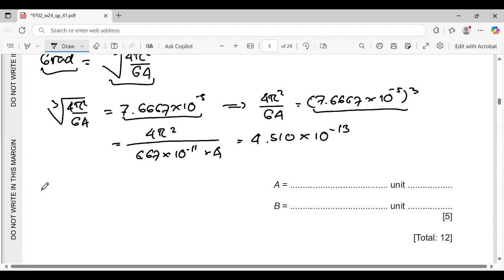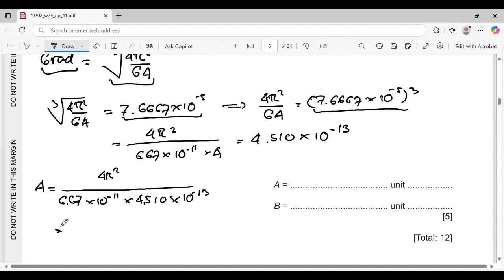So A equals 4 pi squared over 6.67 times 10 power minus 11 times 4.510 times 10 power minus 13.